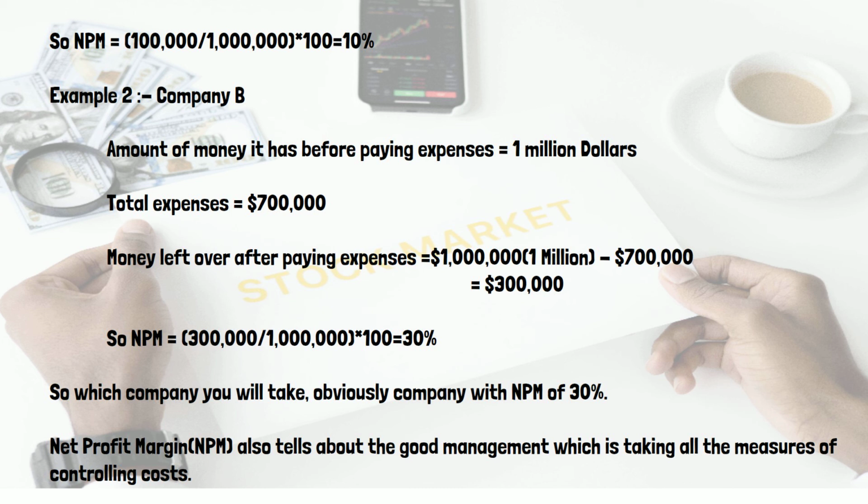Company B. The amount of money it has before paying expenses is $1 million. Total expenses is $700,000. Money left over after paying expenses is $1 million minus $700,000, which is $300,000. So NPM is 30%. So which company will you take? Obviously the company with NPM of 30%. Net profit margin also tells about good management, which is taking all the measures of controlling costs.